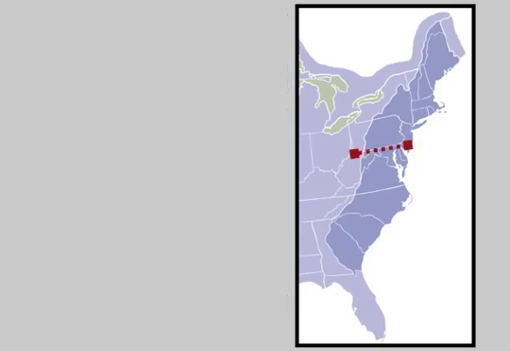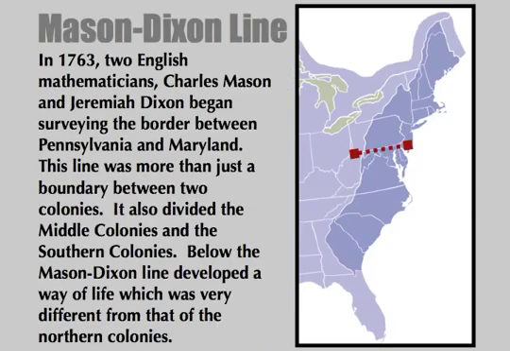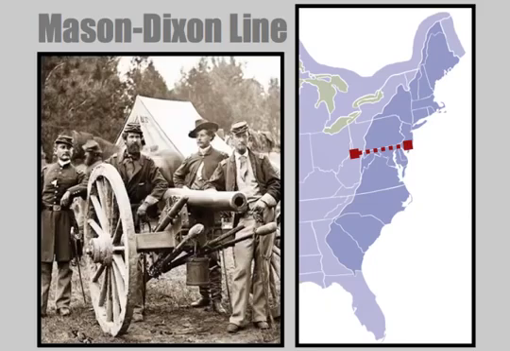Now, our story today actually begins with a line of latitude, a very famous line of latitude in American history called the Mason-Dixon line. The Mason-Dixon line was surveyed by 2 English mathematicians named Charles Mason and Jeremiah Dixon. Now, the Mason-Dixon line is actually very important in American history, but its importance shows up much later on in time.